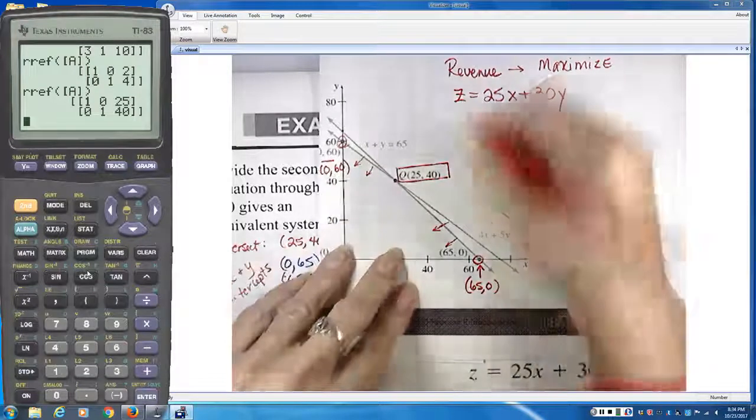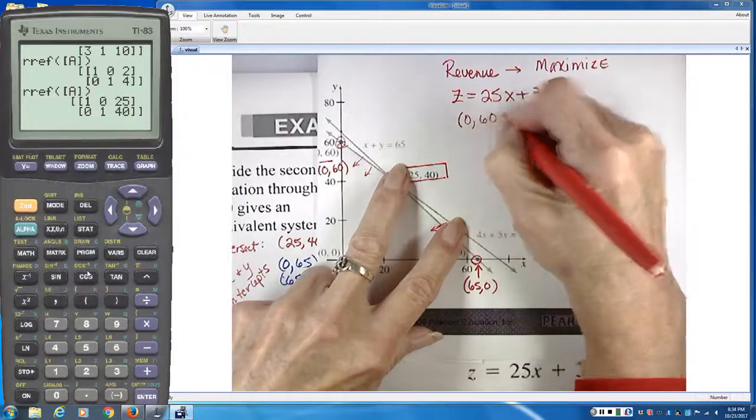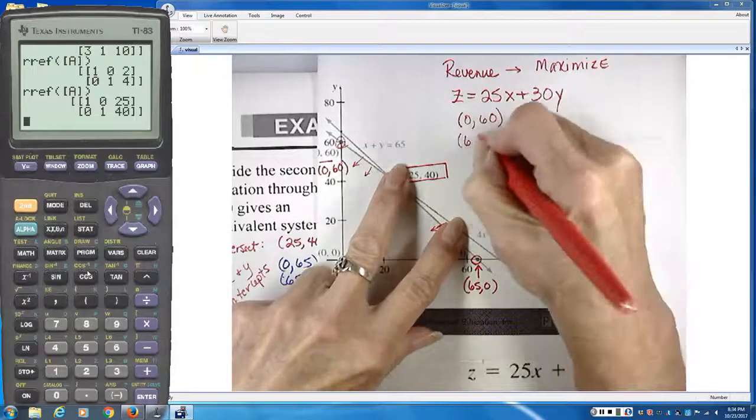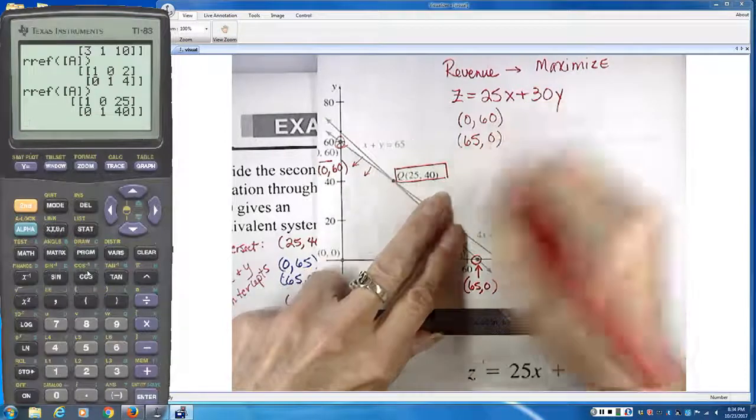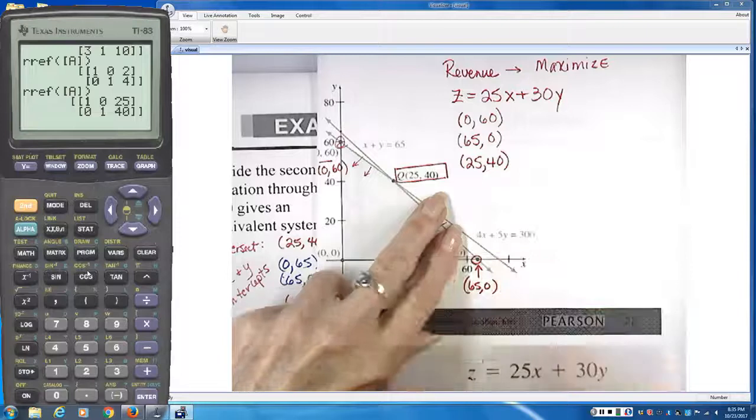And we're going to plug in our corner points: (0, 60), (65, 0), (25, 40).